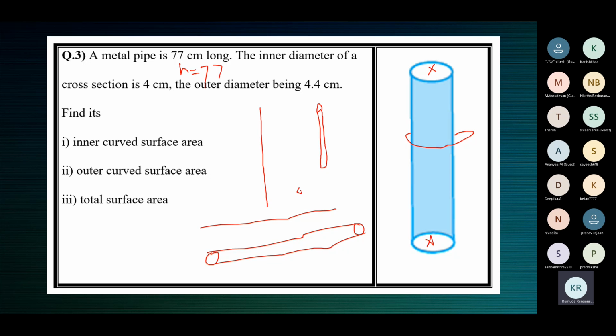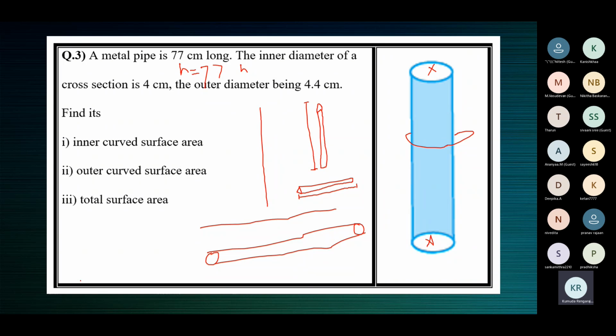When you place it horizontally on the table, you say the length of your pencil. So length and height both refer to H. H is equal to 77.